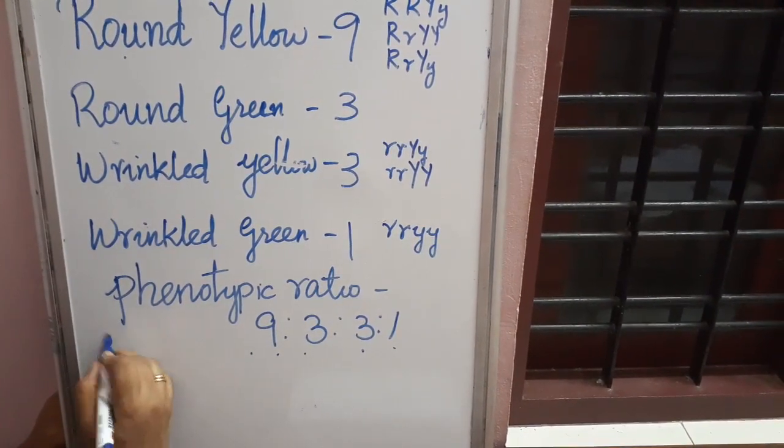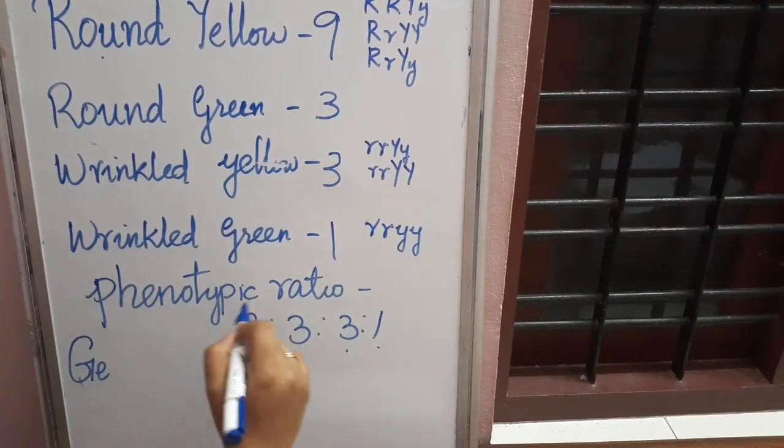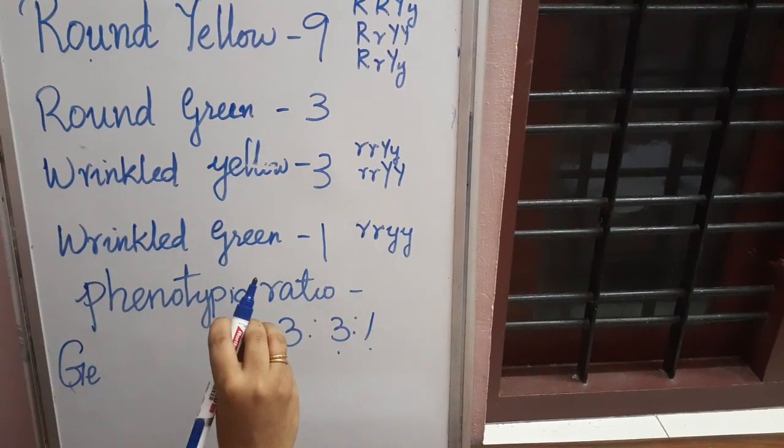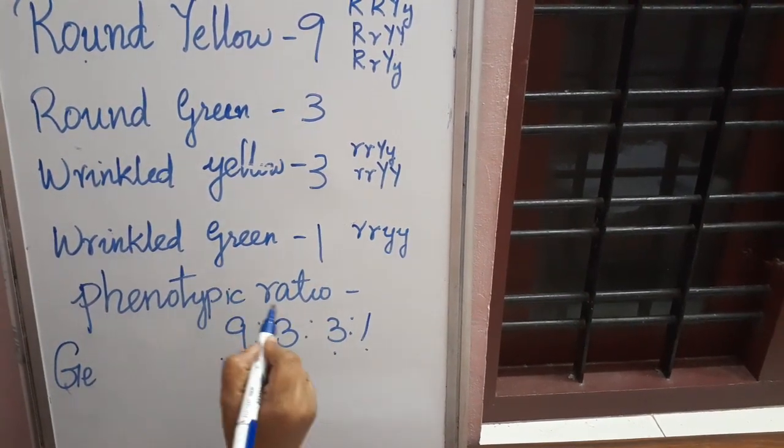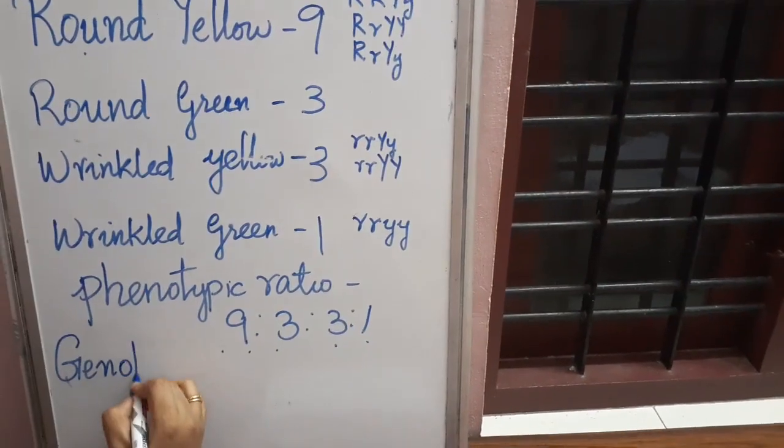Okay. Then genotypic ratio. Usually in questions they will ask the phenotypic ratio. We have to draw the dihybrid cross and you have to mention the phenotypic ratio. Let's just see what the genotypic ratio is.